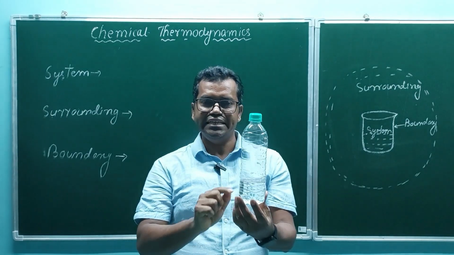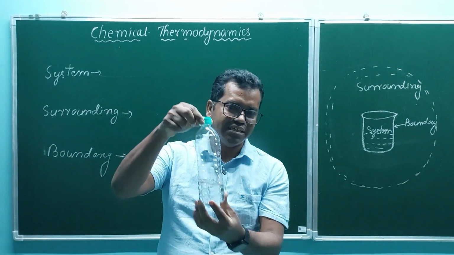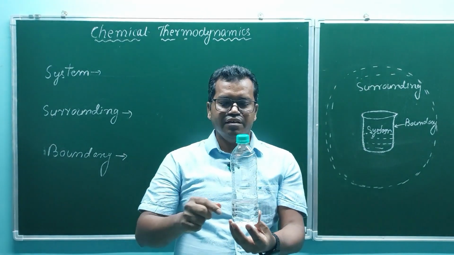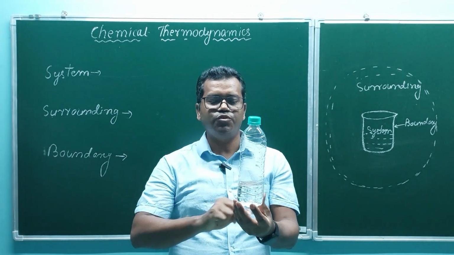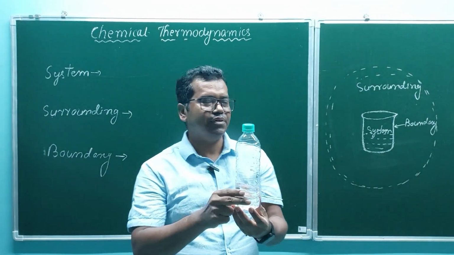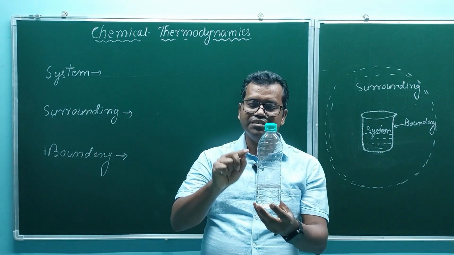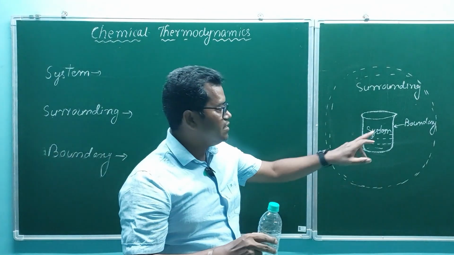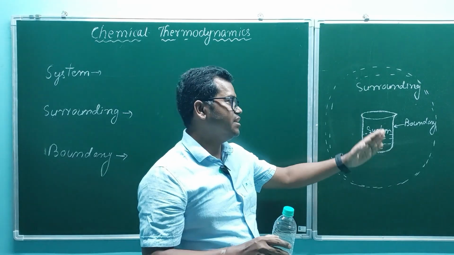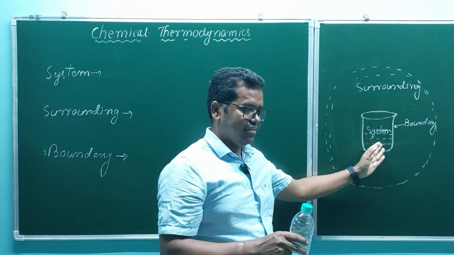This glass, this water bottle containing some water, is a system. In this bottle we have seen some water is there, but in thermodynamics we shall say some matter is there. Similarly, in this beaker, if water is there, some matter is there.